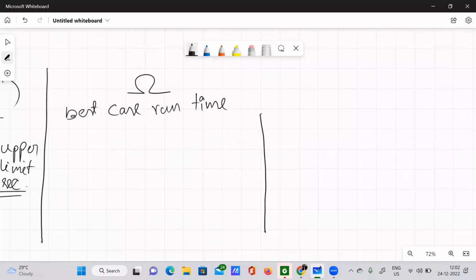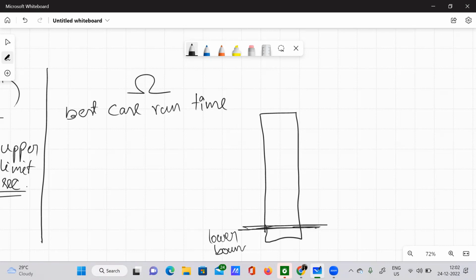Let's imagine this is my runtime complexity, right? So my algorithm will say, beyond this, I won't take much time, right? So this would be the least possible amount of time taken by my algorithm to run a specific program. So this would be my lower bound or the lower limit here, right?